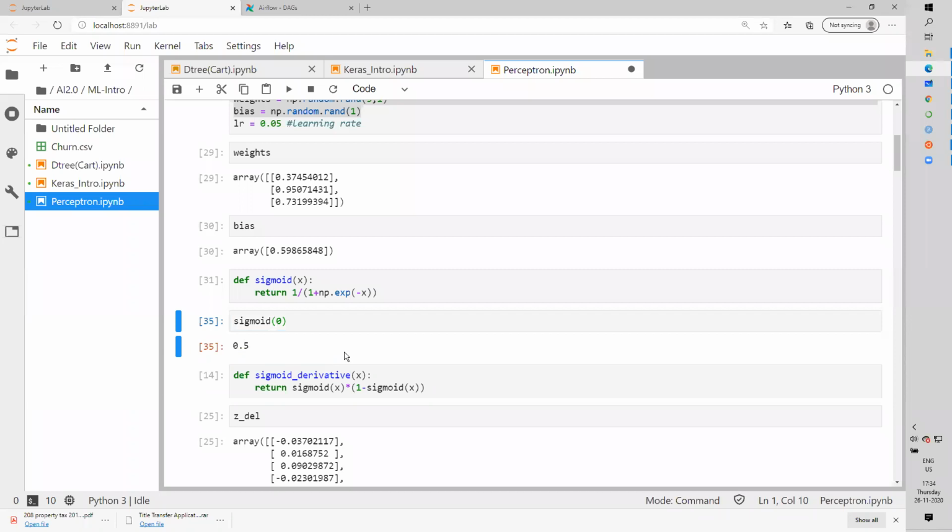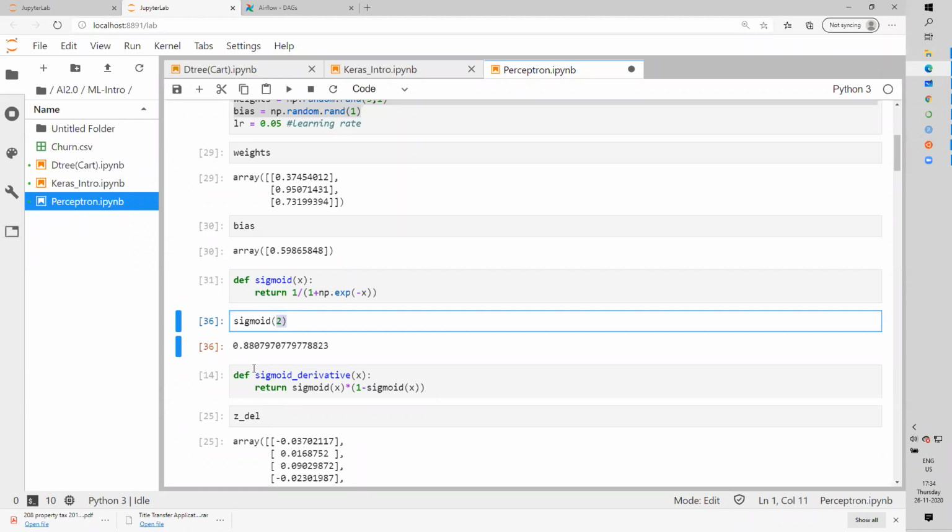It should be exactly 0.5, right? What is sigmoid of 2? It should be some positive value, right? So it takes any input and gives you an output between 0 and 1. And that's why the output of a sigmoid function is always treated as a probability.